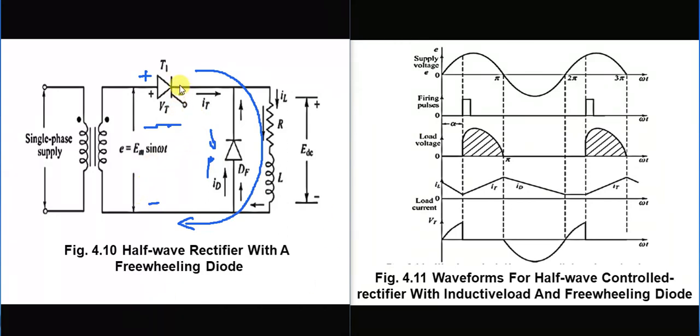And the current will flow through the SCR when we are applying the triggering pulses. So after the firing angle alpha, the SCR is triggered and the current starts flowing through the inductive load.